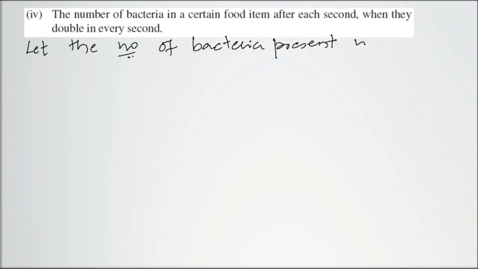The number of bacteria in a certain food item after each second when they double in every second. For this question, let the number of bacteria present initially be x.